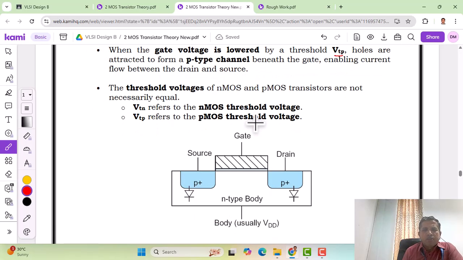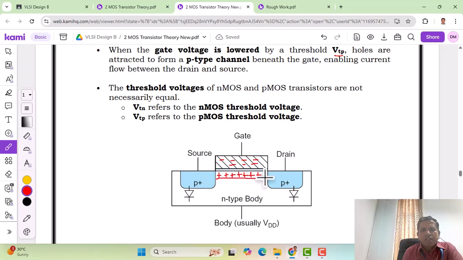So we are applying a negative gate voltage here, and look at the type of body here. It's the n-type body, where the majority charge carriers are electrons and the minority charge carriers are holes. The holes will form a channel here, and the channel is now inverted, because the n-type body below the silicon dioxide has converted into positive charges. It's made up of p-type holes.